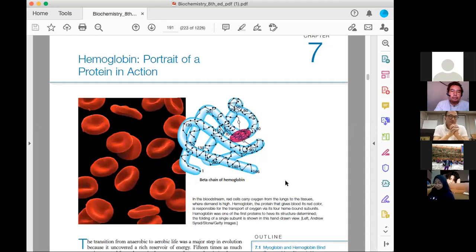The hemoglobin is designed to bind oxygen, and its function is to carry oxygen from an oxygen-enriched environment and provide oxygen when the environmental oxygen is low.